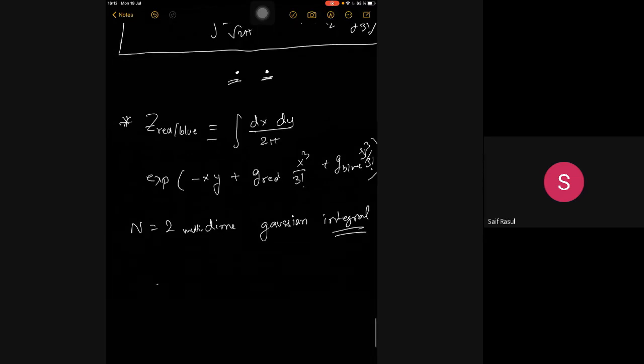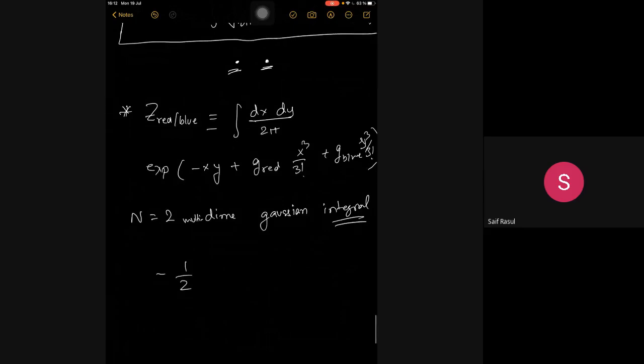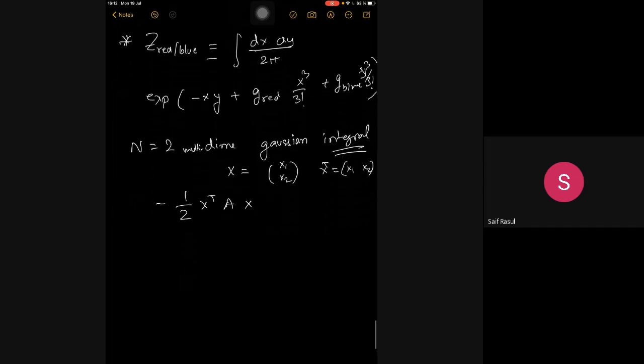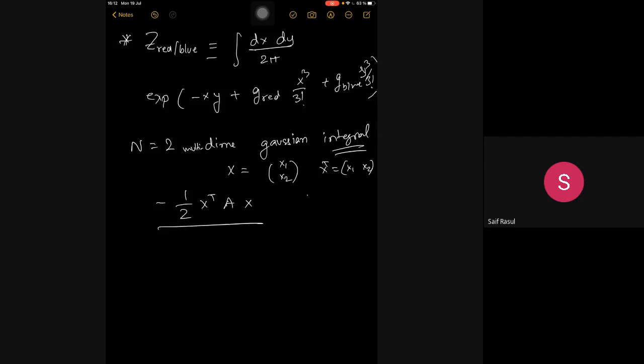A way to write it is as vectors. For example, you can write x as x1, x2, and the transpose of it will be x1, x2. So we can write it like this, and here x1 is just x.